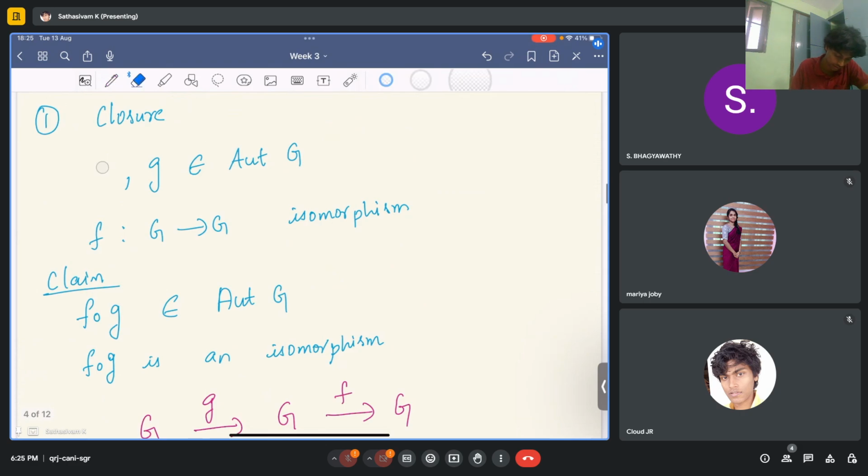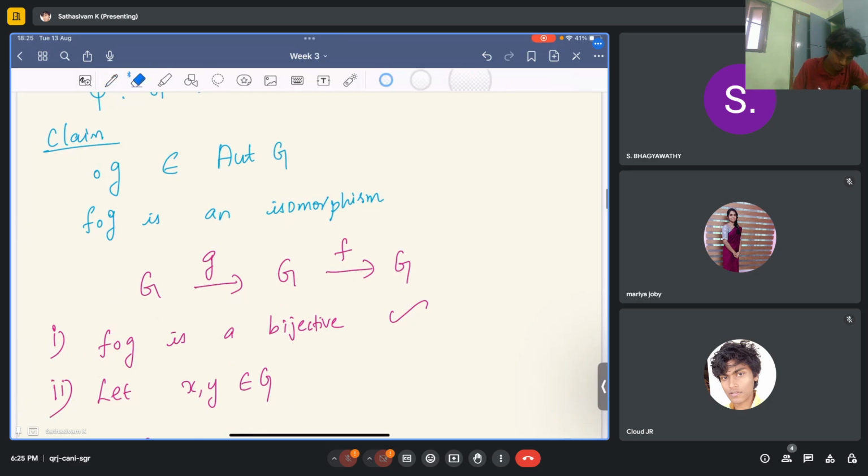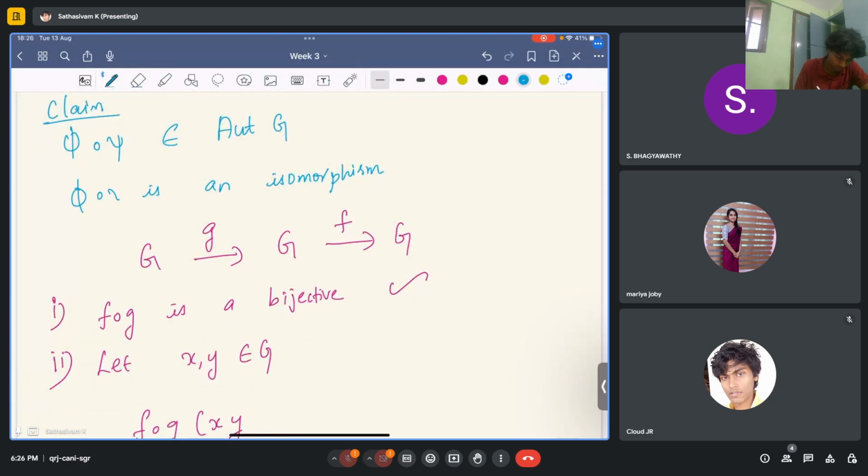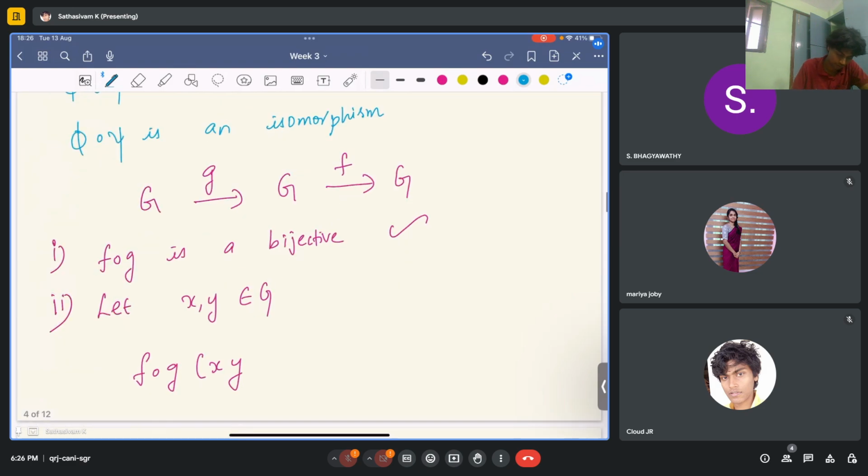Maybe I will change the symbol, because usually we use g for a group element, so I don't want to.